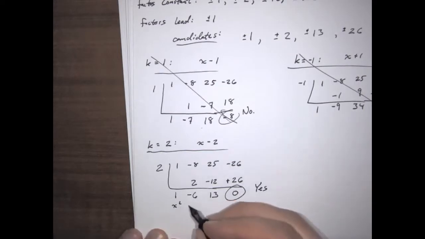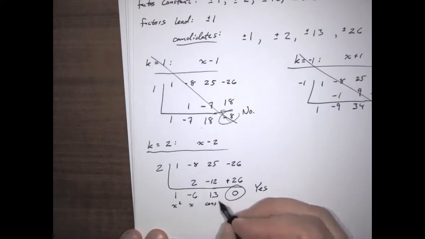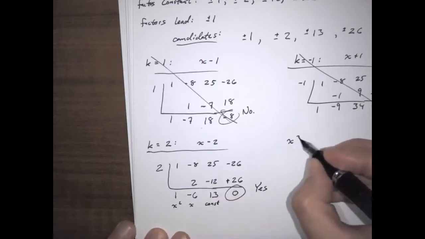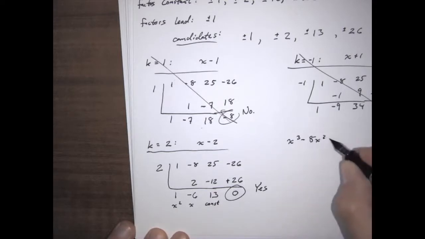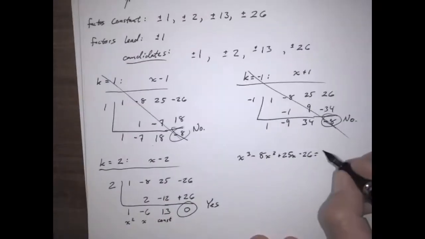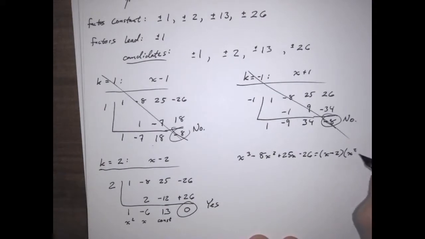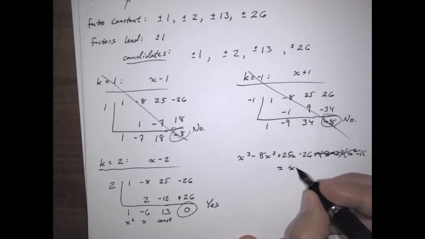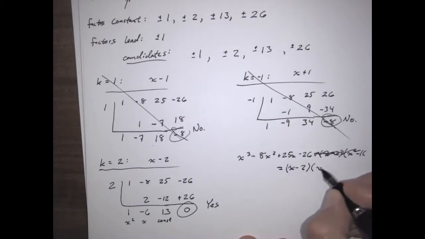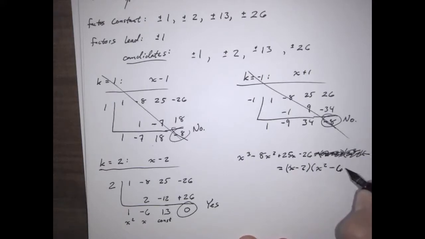Okay, so now that's an x squared, that's an x, that's a constant. Which means that x cubed minus 8x squared plus 25x minus 26 is equal to x minus 2 times x squared minus 6x plus 13.